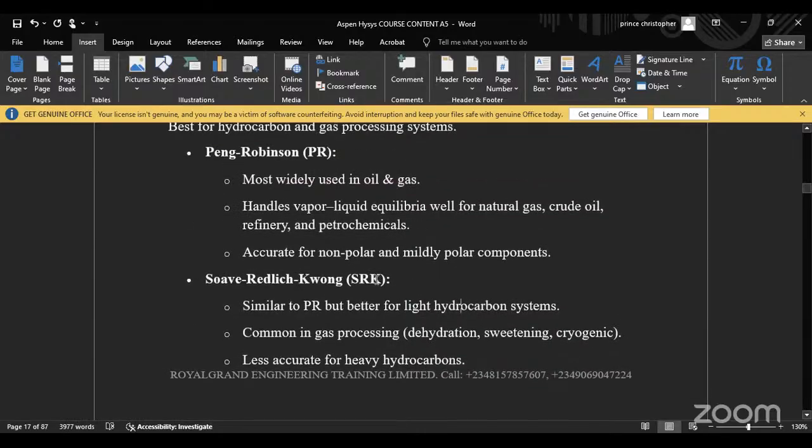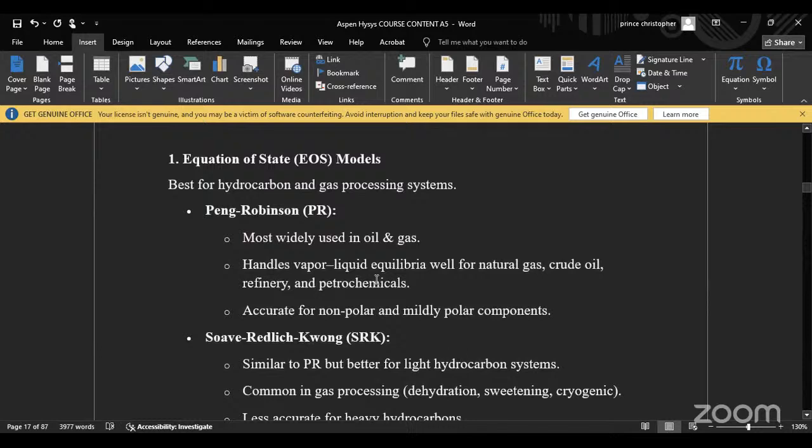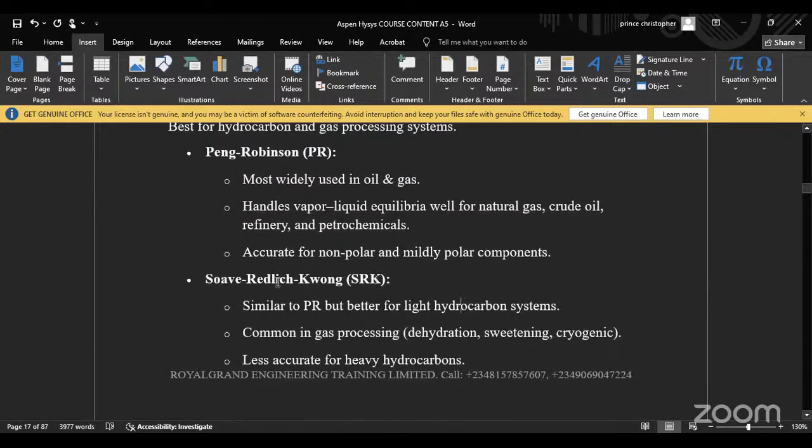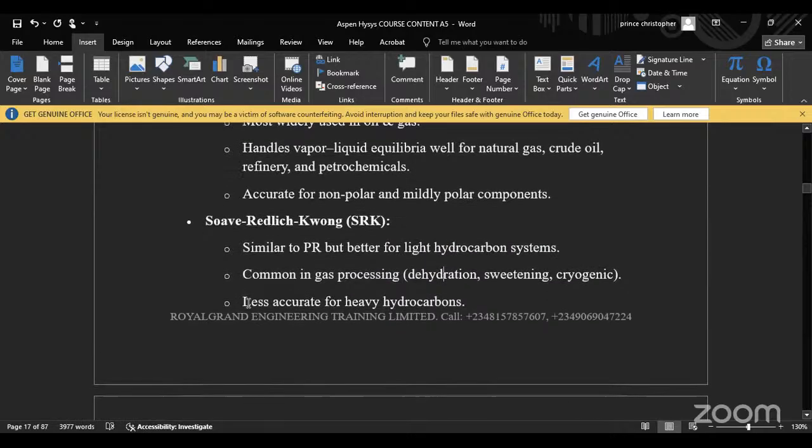So you can see that if you have heavy hydrocarbon components and you use this as alkane, you are going to get a slightly different answer. Now, this is common in gas processing, cryogenic, and heavy hydrocarbon.